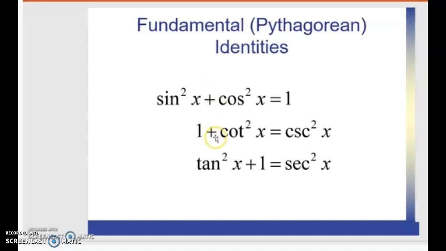They are 1 plus the cotangent squared of the angle equals the cosecant squared of the angle, and the tangent squared of the angle plus 1 equals the secant squared of the angle.